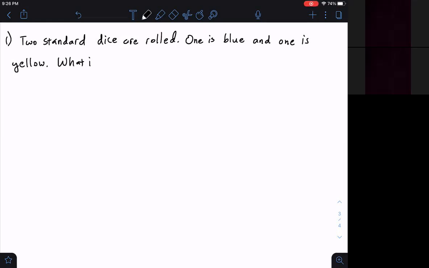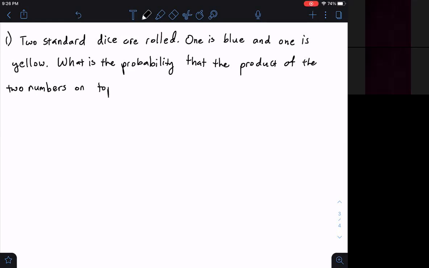What is the probability that the product of the two numbers on top is divisible by 3?